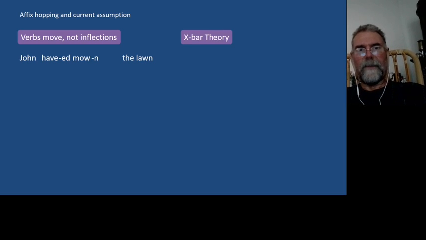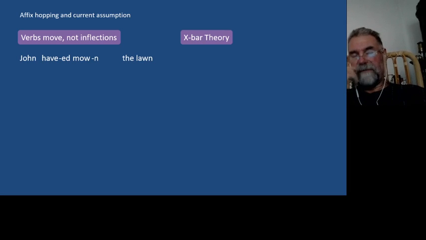Okay, so that's not entirely different from the original analysis, apart from what it is that's actually undergoing the hopping movements. The other big difference, however, is more serious, and that is that in the 1950s, X-bar theory hadn't been invented. In fact, it wasn't until the 1970s, in fact 1970, that X-bar theory was even first proposed, and even then it has undergone quite a lot of development in the theory.